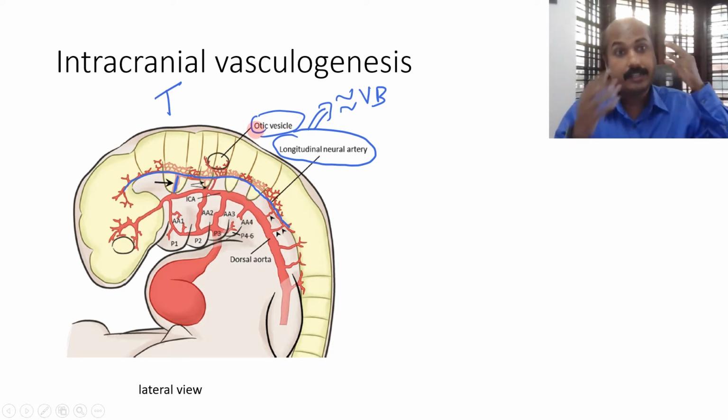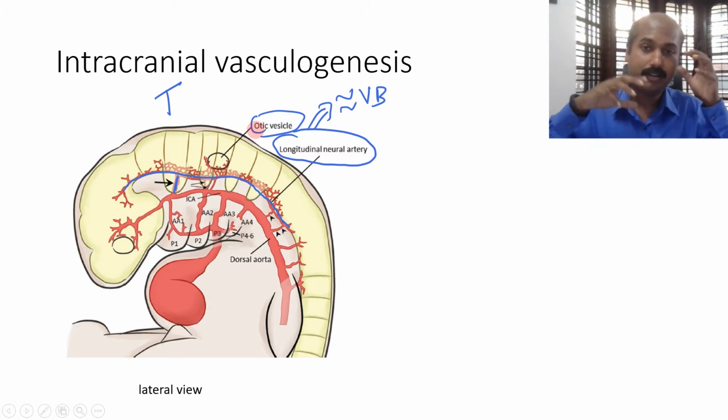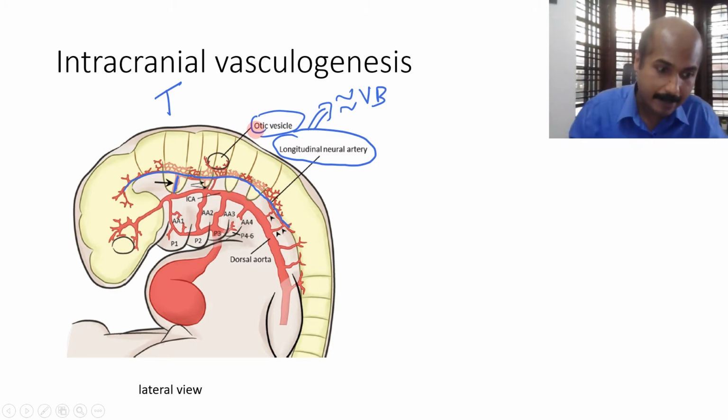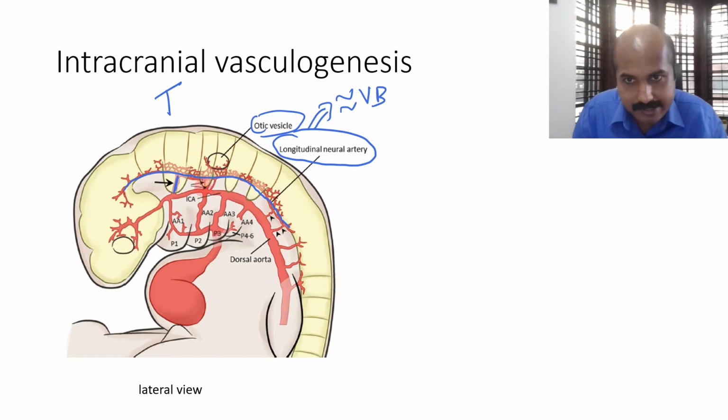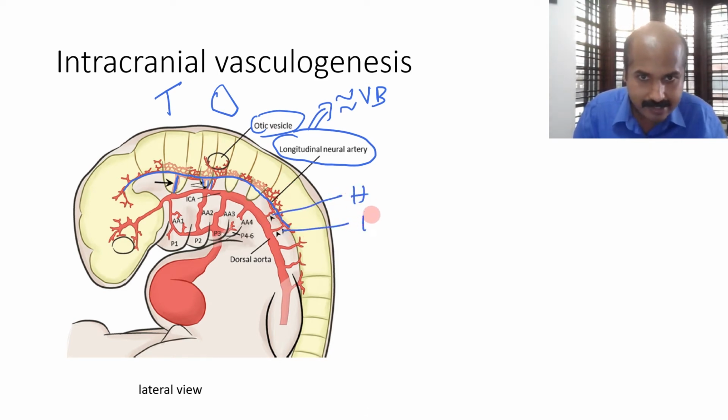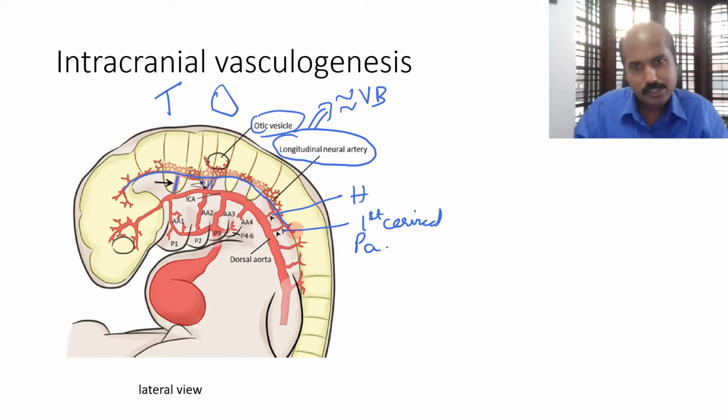In the adult, it develops into the otic capsule, which further develops into the inner ear, so everything is located within the petrous bone. Around that you have a series of small vessels, called the otic vessels. And here you have the hypoglossal vessel, and here you have the first cervical intersegmental artery, which is called the pro-atlantal artery.